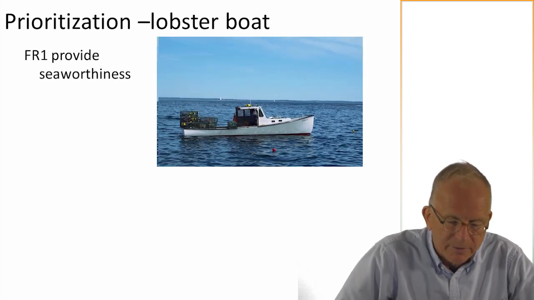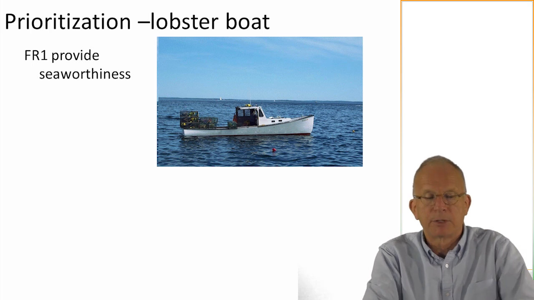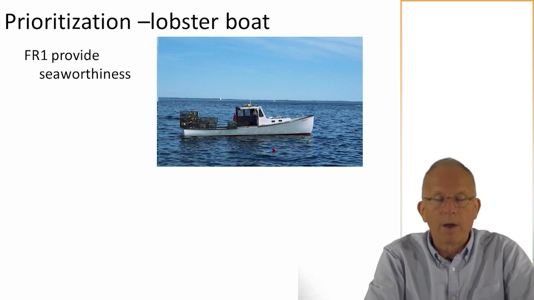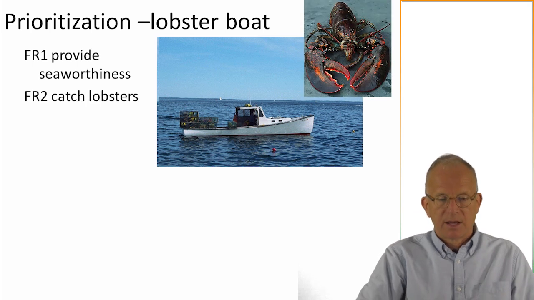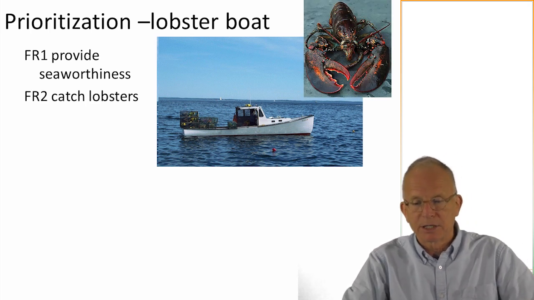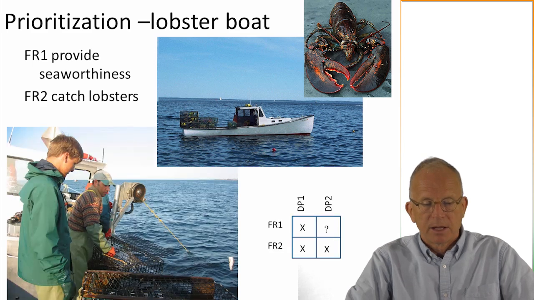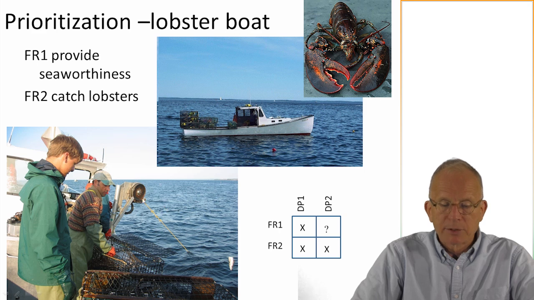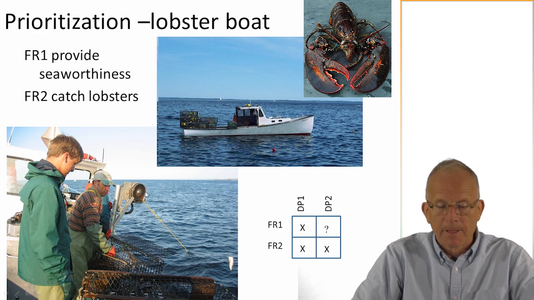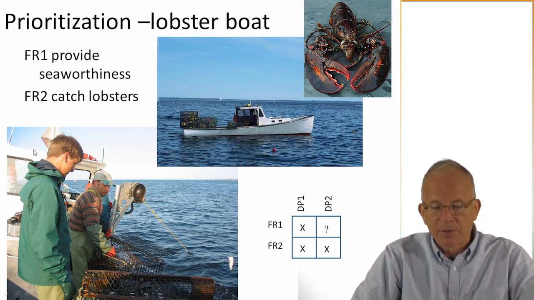So one more example of prioritization. Let's think of a fishing boat, maybe like a lobster boat. So FR1 for the boat might be to provide seaworthiness, and FR2 might be to catch lobsters. One of the things we note is that when we're hauling up lobster traps, there's a lot of tension on this rope, and there's a little power puller. And we can see how the boat is now listing strongly to starboard.